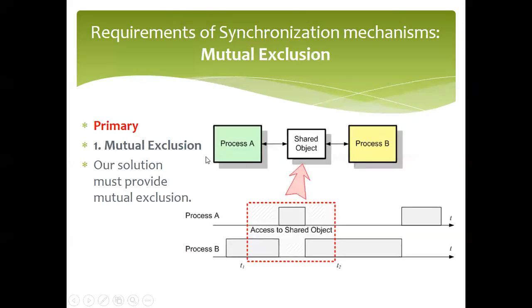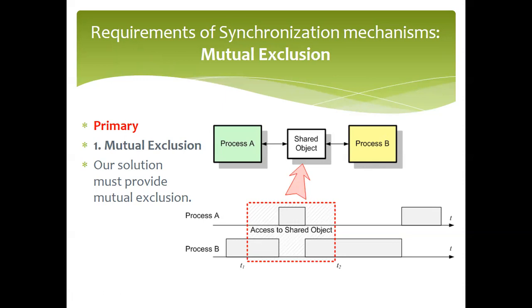The first of the four criteria is mutual exclusion. What is mutual exclusion? Actually, it is related to the critical section.